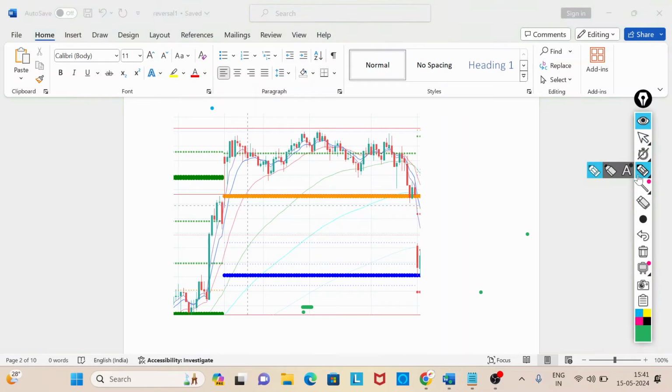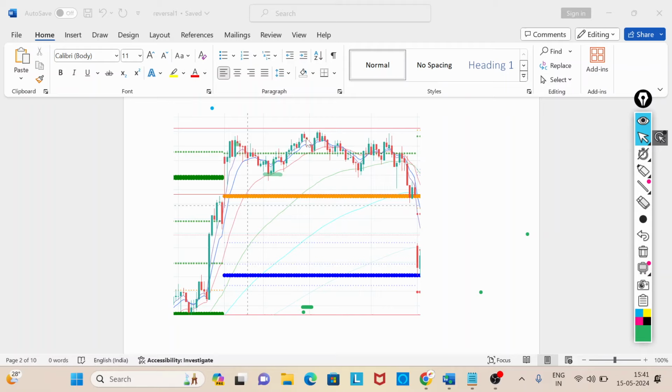and we would have exited somewhere here as it closed above the 5 EMA. Or we should have taken profit at the 20 EMA.